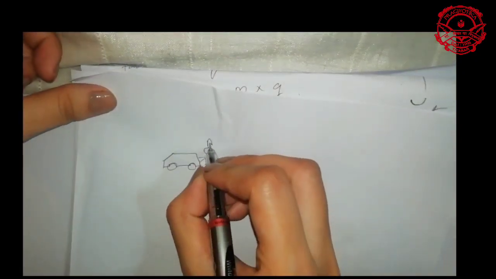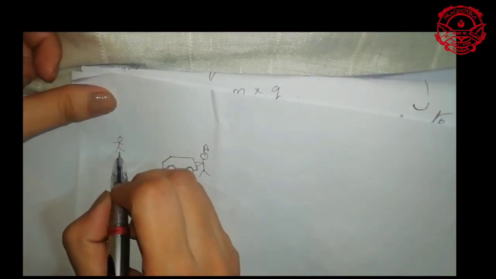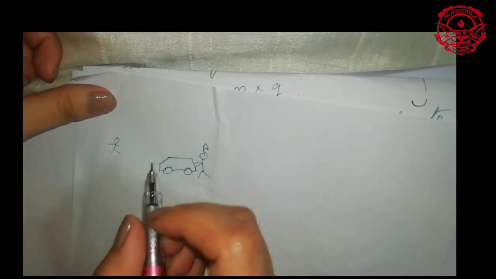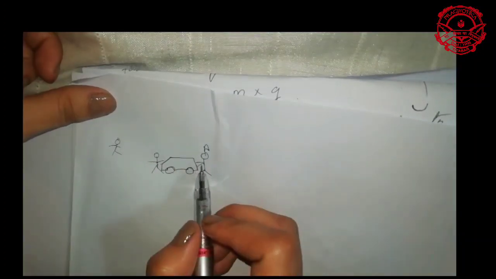This is your person A. Then you find one person standing here offering you help. When this person B helps you to push the car, one pushing and this person B pulling the car, obviously the car will move faster, right?